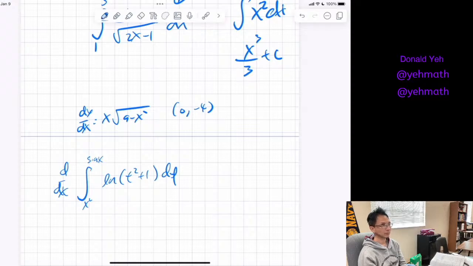Dude, look at the D1 please. Second fundamental theorem. It's on your last test, Kevin. Natural log? It doesn't matter what the function is. Look at the boundaries, please.